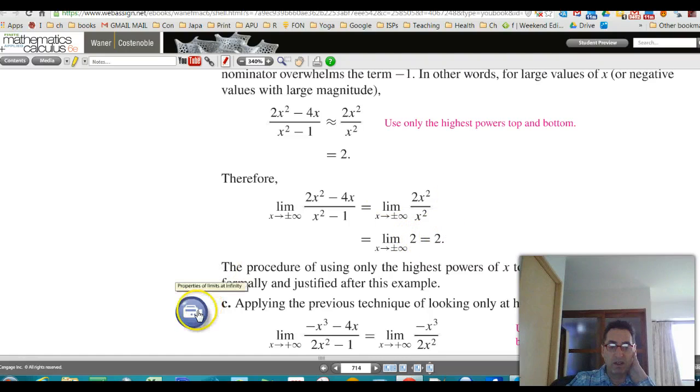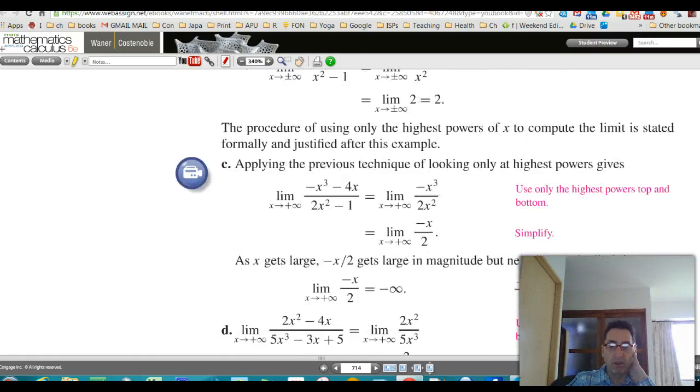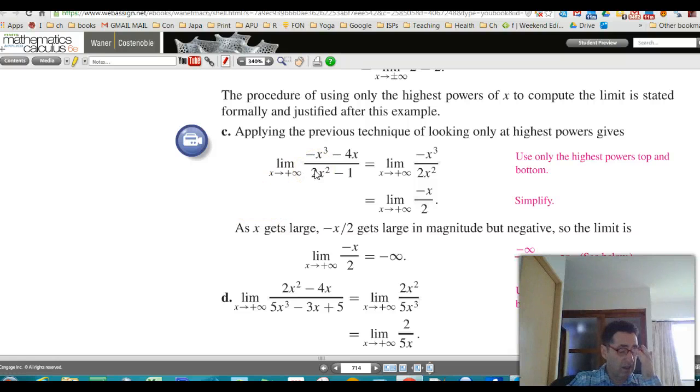Okay, now you can check this video. And let's go to here. So let's do something similar here. So the terms that dominate, again, they suggest are minus x cubed and 2x squared. So they say the limit of this is basically the limit of this.